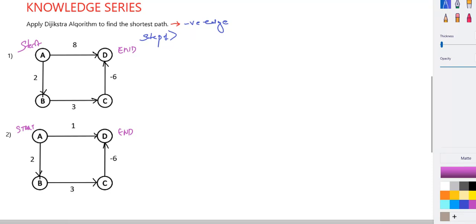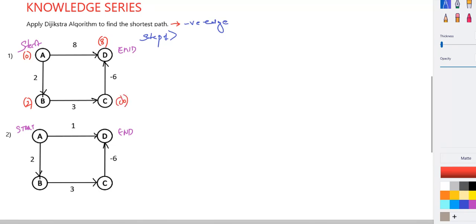Looking at the first figure, we will consider A as the starting point, so all the vertices will be marked with their own weights. Automatically its weight is 2, because 0 plus 2 is 2. Here only A to B and A to D are direct paths, so its weight will be 8, whereas C is an indirect path, so its weight will be infinite.